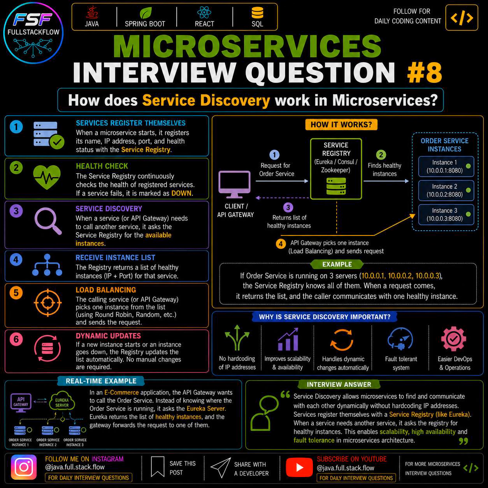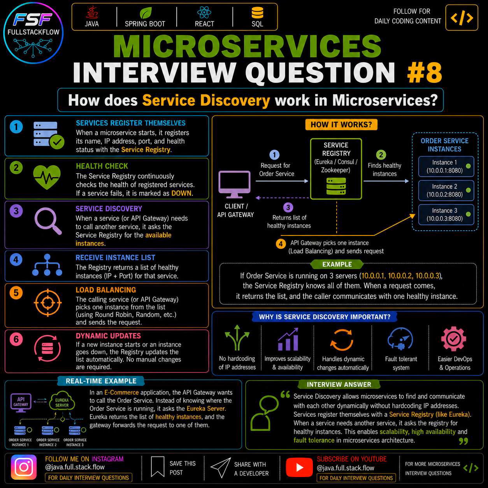Next is a real-time example. In an e-commerce application, a customer places an order. The request first reaches the API gateway. The API gateway doesn't know where the order service is running, so it asks the Eureka server. Eureka returns all healthy order service instances.